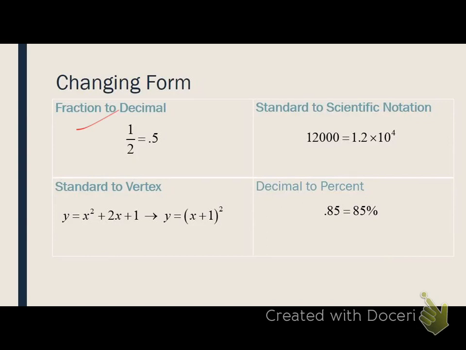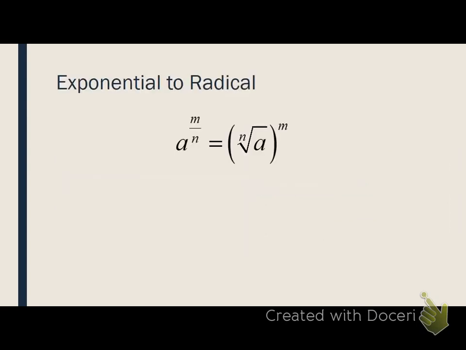We've changed standard form to vertex form for parabolas to make it a little bit easier to graph. And then you've always been able to change decimals to percents and percents to decimals, just fitting whatever need that you have, right? So that's what we're talking about, just changing form, right?